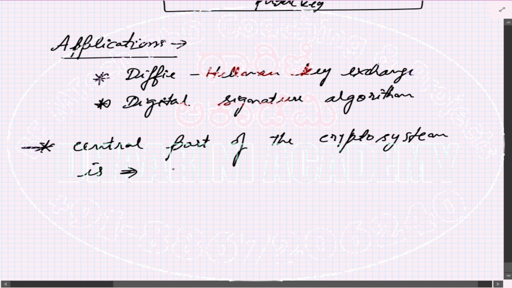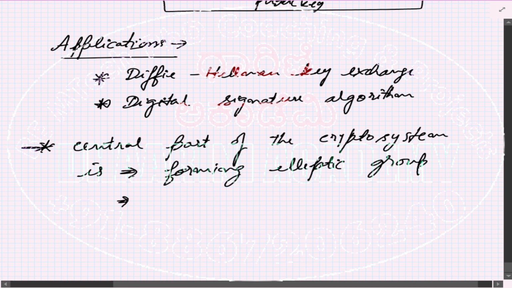The first thing is you need to form, or I'll write, forming an elliptic group, and the second one is called point multiplication, right?